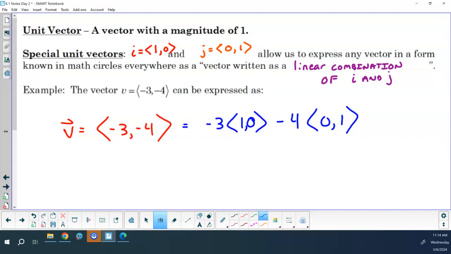So this would just be the i and j form of a vector. Okay? So you have the component form of a vector. The horizontal component is i, the vertical component is j. Write it up. Then that way you don't have to worry about brackets or changing your brackets to parentheses or anything like that.